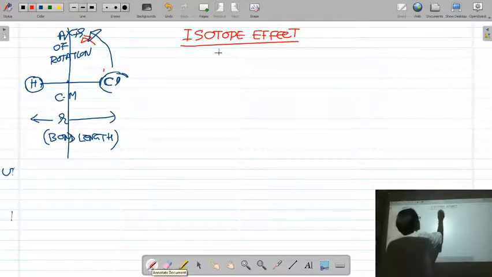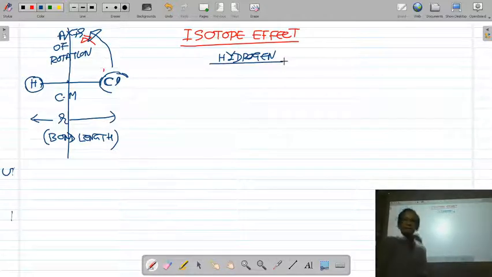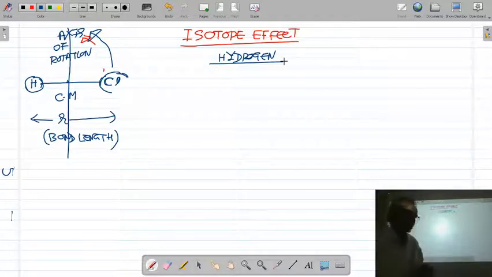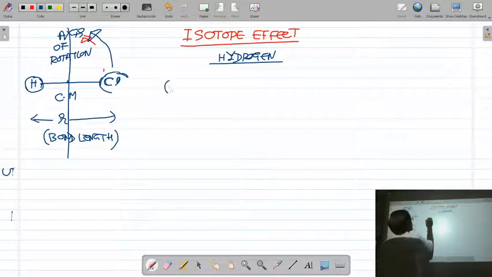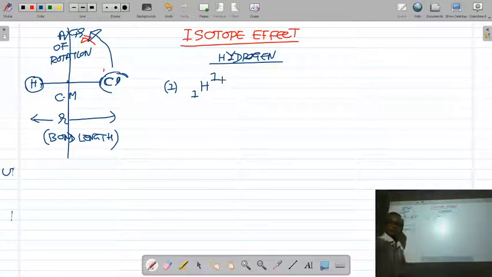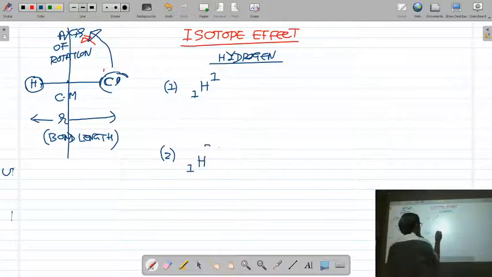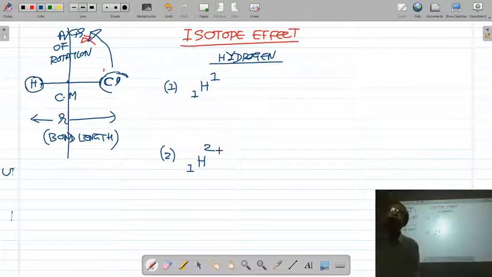Let us consider the example of hydrogen, which actually has 3 isotopes. I consider 2 isotopes of hydrogen, 1H1 and 1H2.